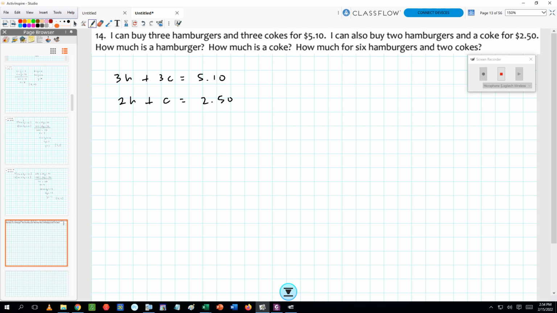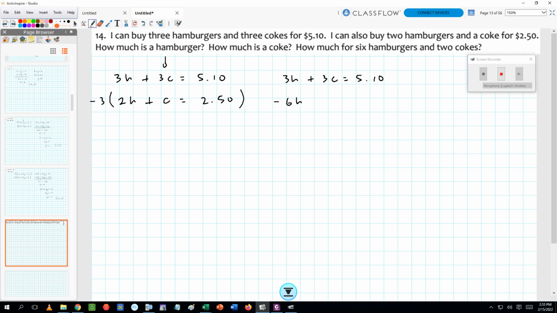So what I'm going to do here is I'm going to eliminate the Cokes. So I'm going to go ahead and just triple this bottom order. But that will put positive 3 there, and I want them to cancel, so I'm going to multiply by negative 3. So 3H plus 3C is 510.